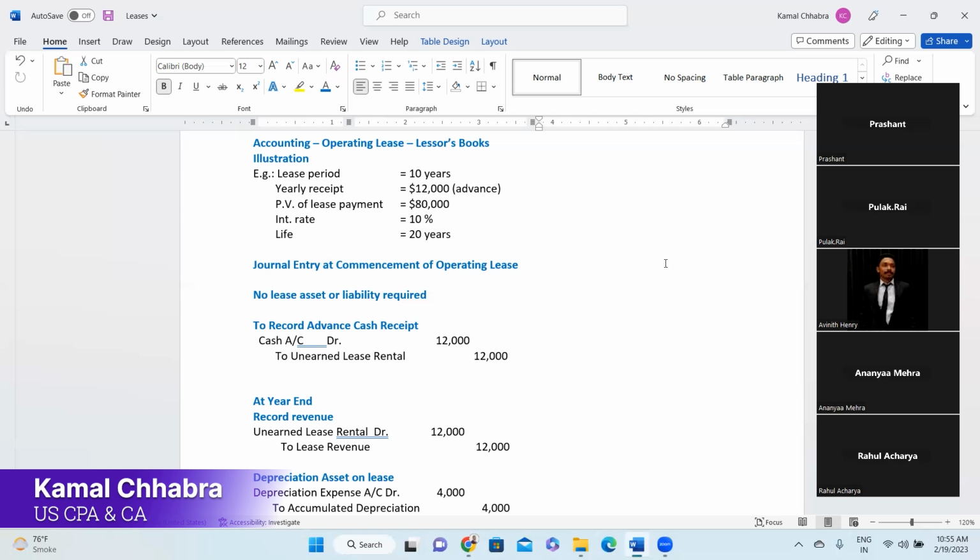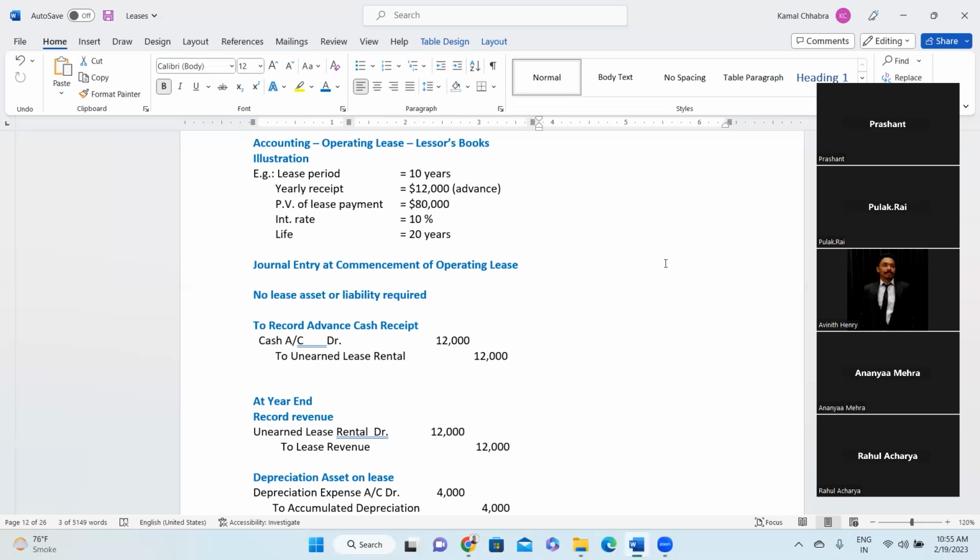This is $12,000. But the lease liability should be $80,000, which is the present value of the lease payment. Make sense? Lease liability is from the lessee's point of view. The lessee will recognize 80,000 as a lease liability, whether it's a finance lease or operating lease.